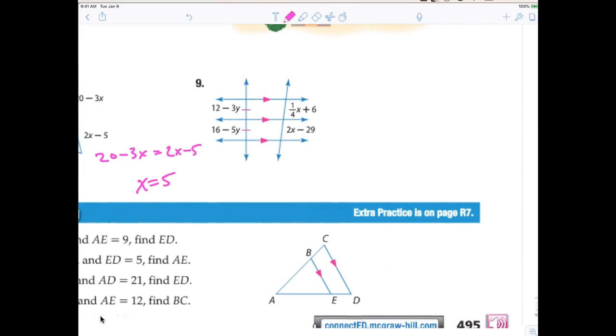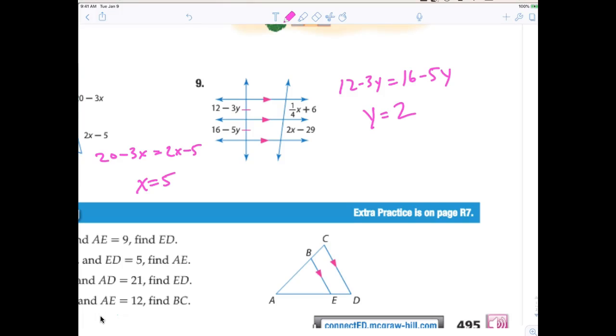Same principle over here. What do we got? 12 minus 3y is equal to, so tell me the answer. Y equals 2. Thank you very much. Y equals 2. Any issues with that?